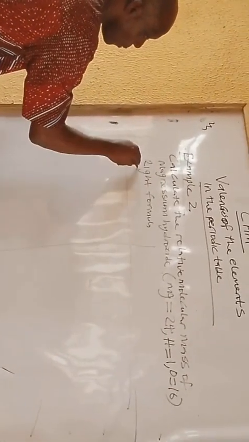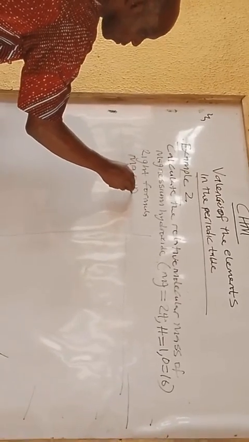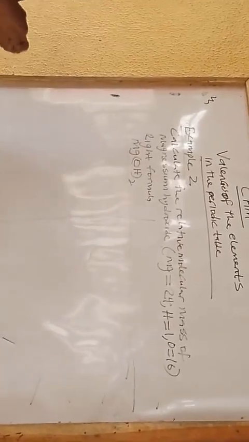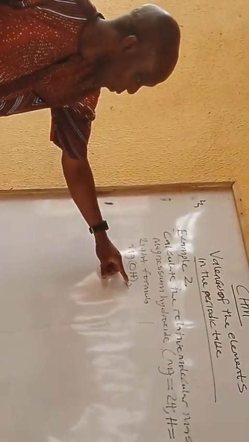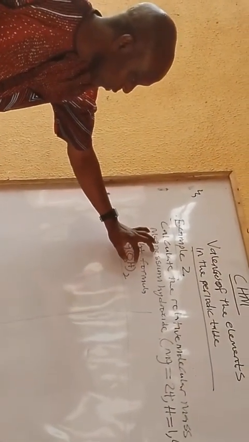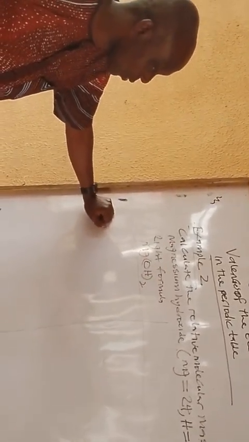Right formula. Magnesium hydroxide is Mg(OH)2. The bracket: once you are bringing in a number to a constituent with 2 or more elements, you must put them in brackets in order not to create confusion.